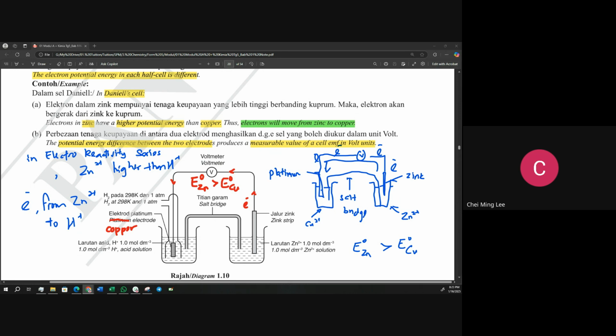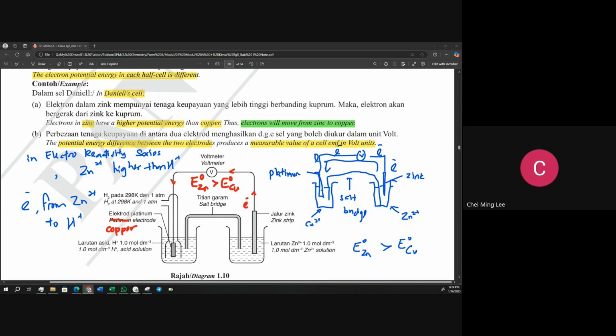Okay, we wait for the others for a while. Ordinary wire cannot be put inside. Why do we use salt bridge instead of copper wire?